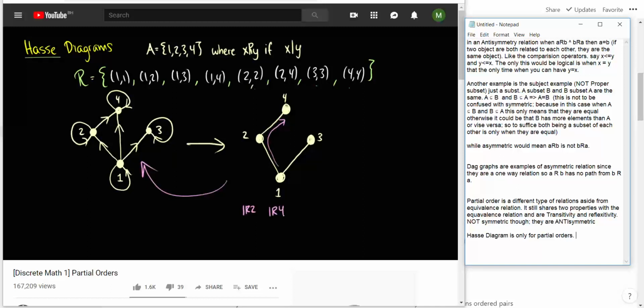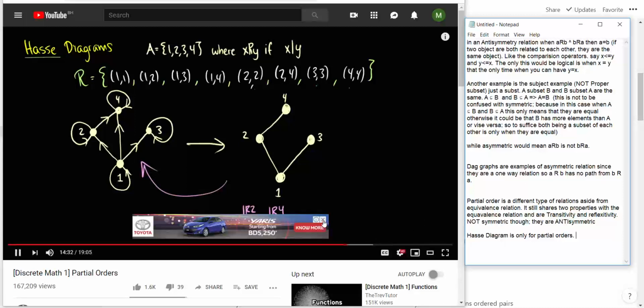So if we connect something to a higher element, it's in a relation with everything it's connected to. So 1 is in a relation with 3, 2 is in a relation with 4, and it's always going to go up. You can draw them from top to bottom or bottom to top. It's good to specify which. General convention is that the lowest number goes on the bottom and it works bottom to top. So that's a Hasse diagram.